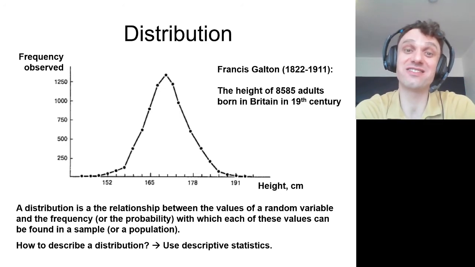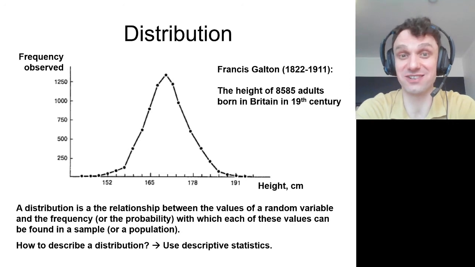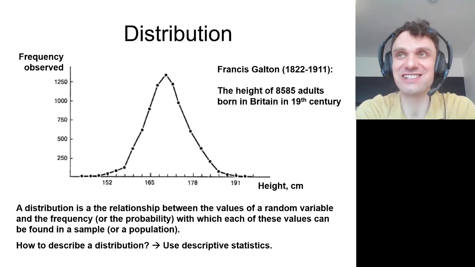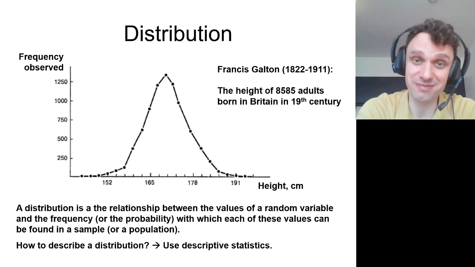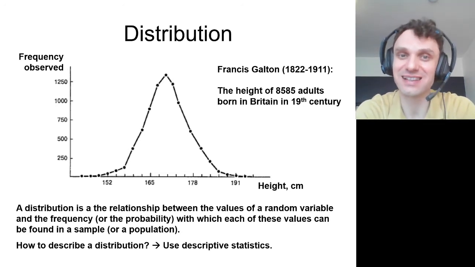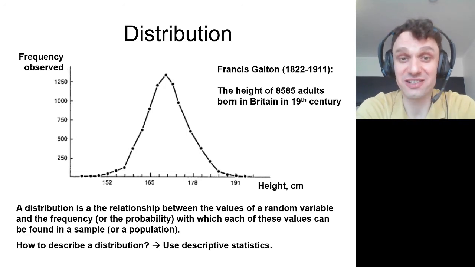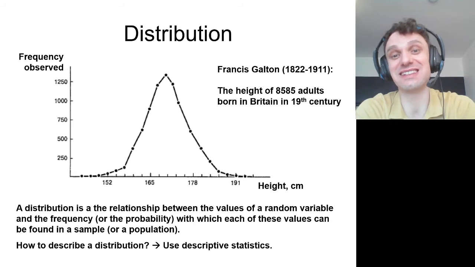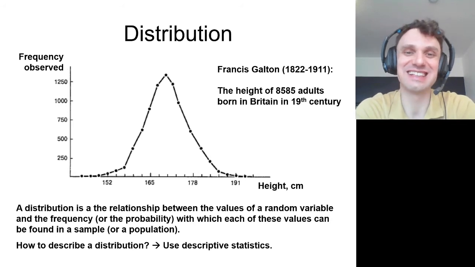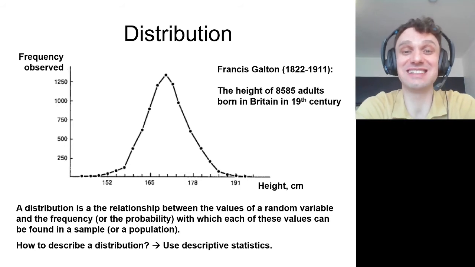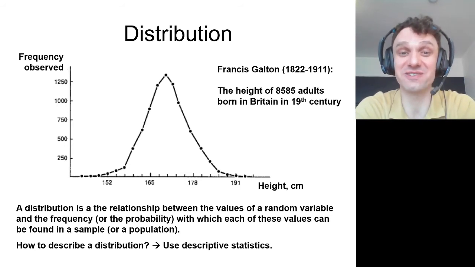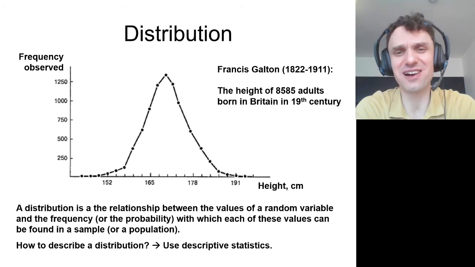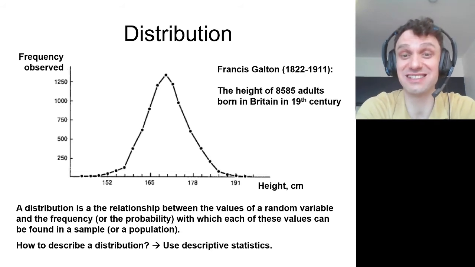And the person who contributed a lot to this was Francis Galton, a British psychologist and geneticist, and he was interested in a lot of different issues, and he was actually quite obsessive about measuring different things. So here, for example, you can see the results of his measurement of the height of 8,500 adults born in Britain in the 19th century.